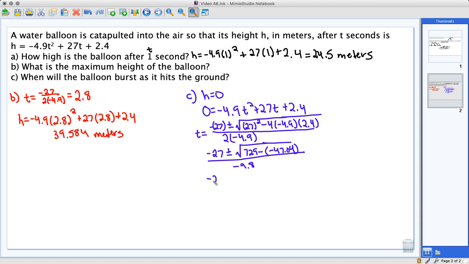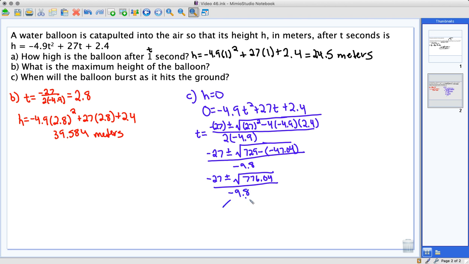So then we get negative 27 plus or minus the square root of 729 plus 47.04, which is 776.04, divided by negative 9.8.